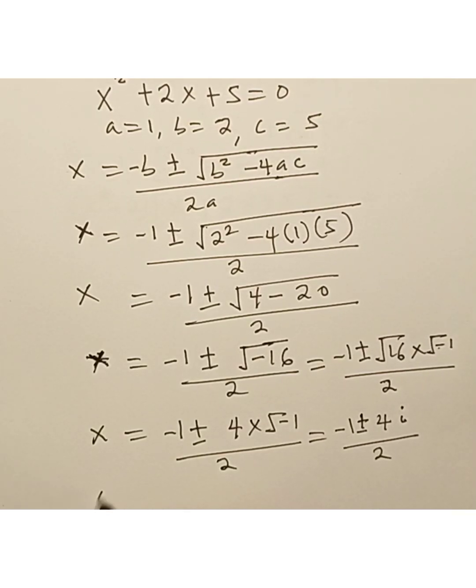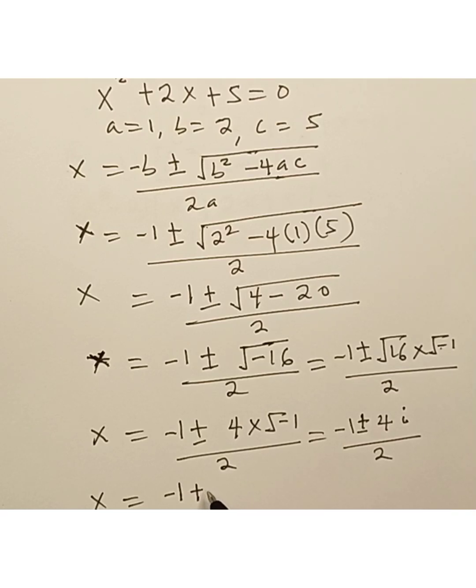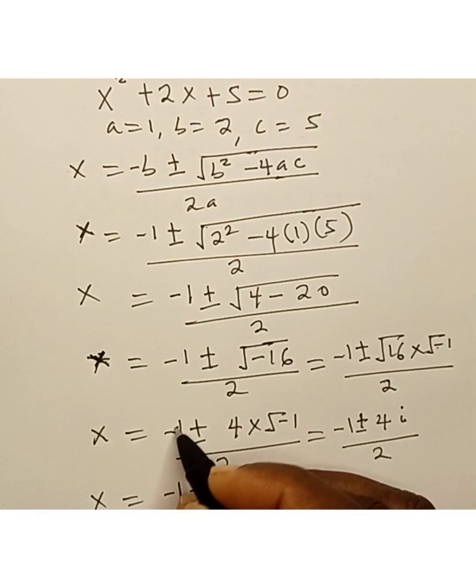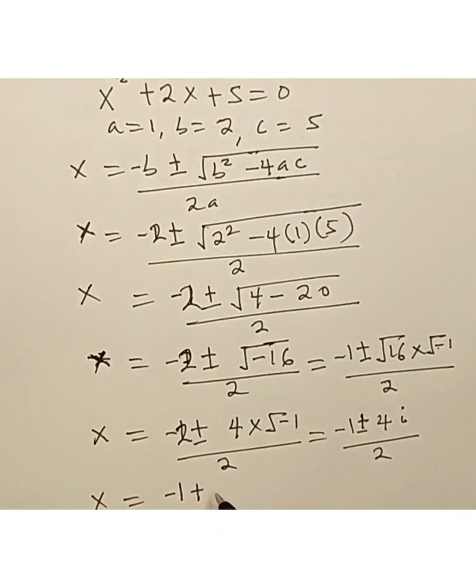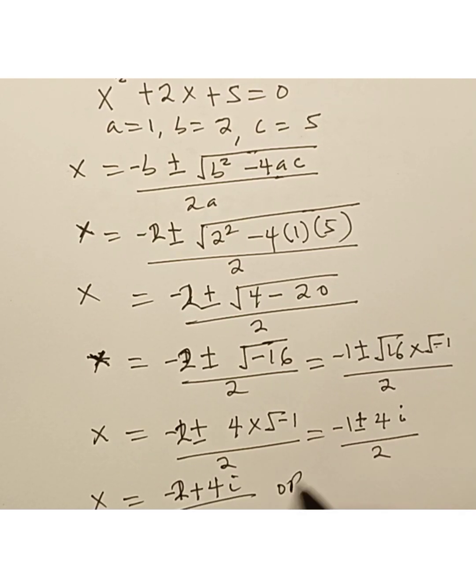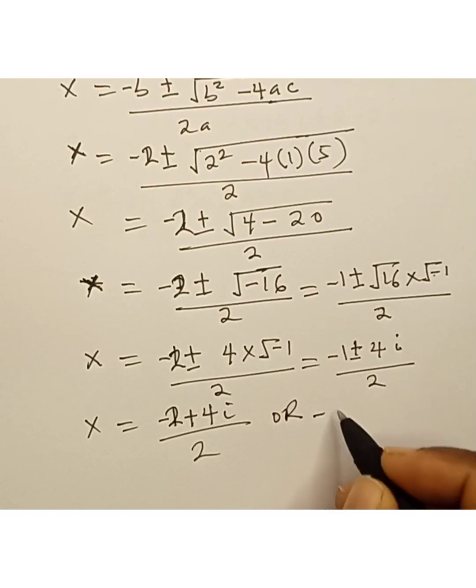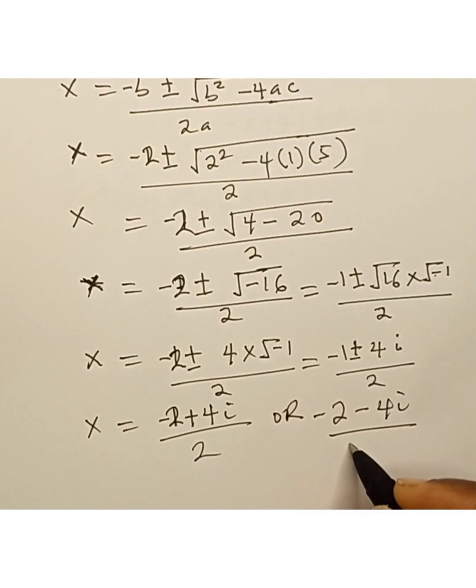So X will be minus 1 plus or minus, our b is 2, sorry, so it will be minus 2 plus 4i over 2, or minus 2 minus 4i over 2.